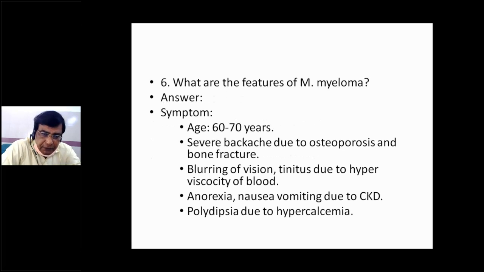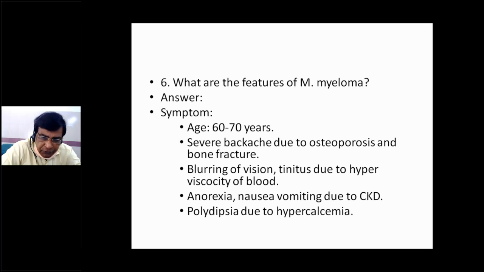Our next question is, what are the features of multiple myeloma? The common age of multiple myeloma patients is 60 to 70 years, and severe back pain due to osteoporosis or bony fracture can occur. Blurring of vision and tinnitus may occur due to hyperviscosity of blood, which occurs in multiple myeloma.